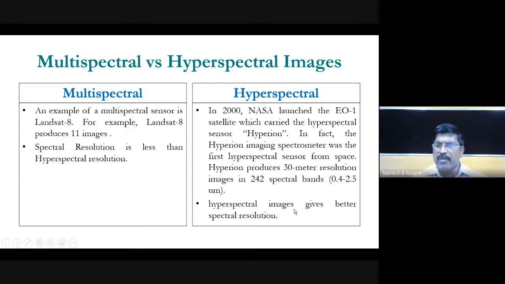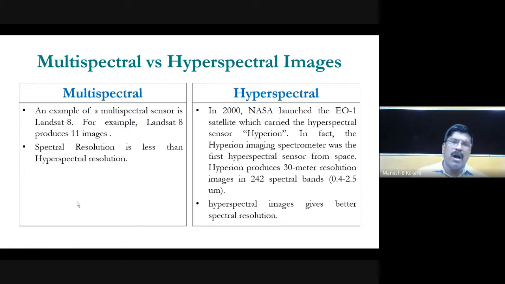So hyperspectral images give better spectral resolution as compared to multispectral images. But at the same time, as I told you, the memory required to store them will be more. So the difference between hyperspectral imaging and multispectral imaging is very clear now.